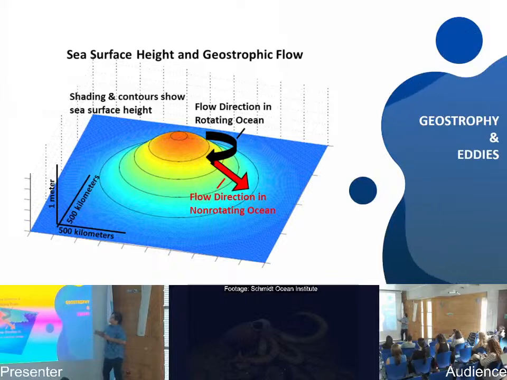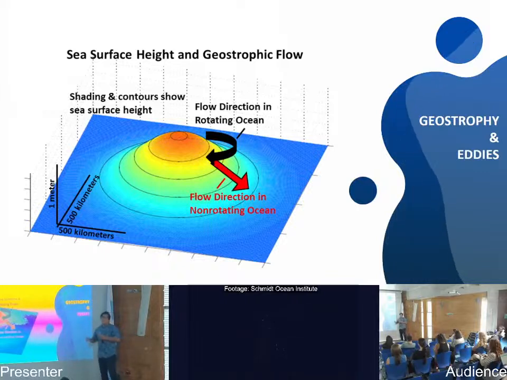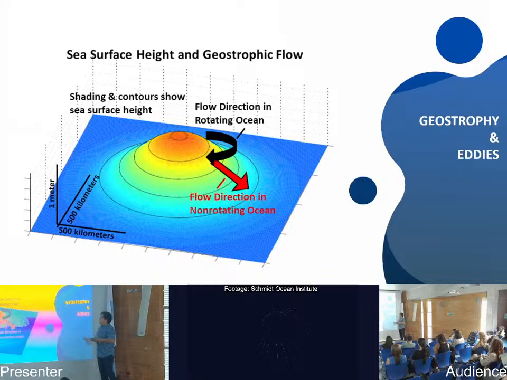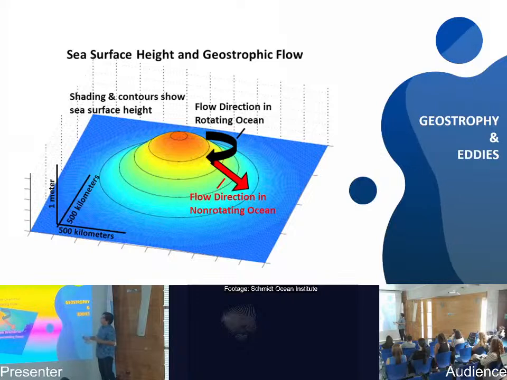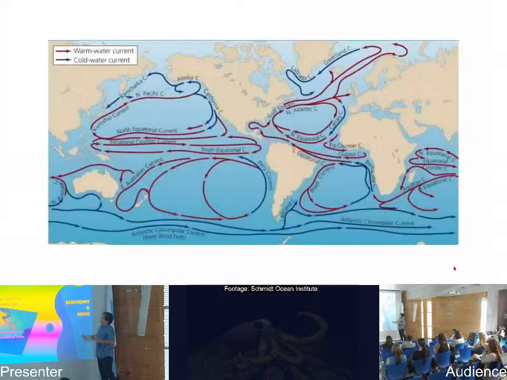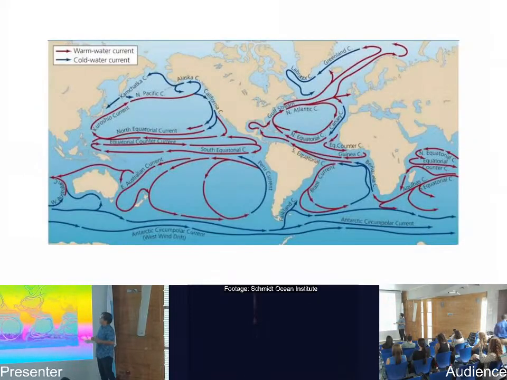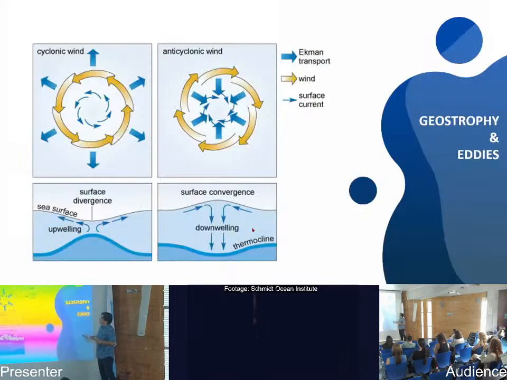There are different processes in the ocean that make the sea level change, and based on this, when we have a higher point and a lower point, we know already, because of the conservation of mass, that there is a current that usually flows.